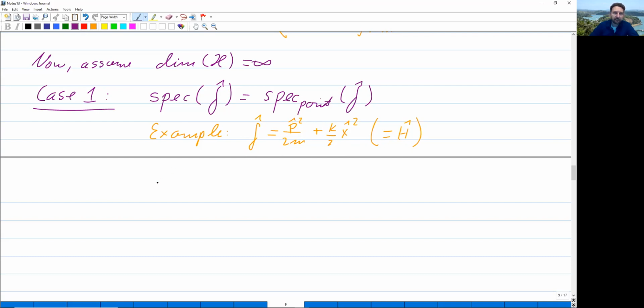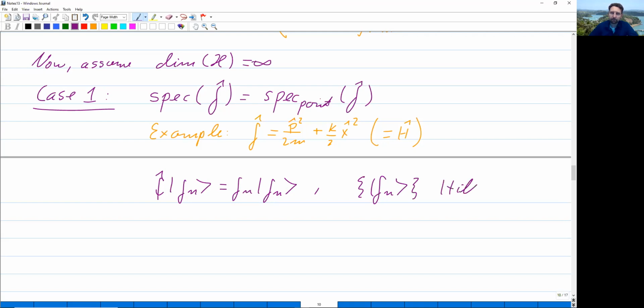So in this case, we have that f hat acting on the set of eigenvectors is equal to fn, the number fn. And so we have a basis of f hat n basis vectors. That's a Hilbert basis, which means in particular that the fn are orthogonal to the fm.